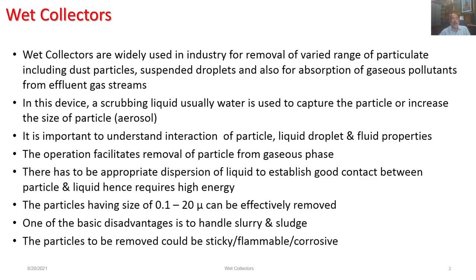But one more advantage is that through this operation one can remove even sticky, flammable as well as corrosive particles, which is not that easy in other kinds of equipment.